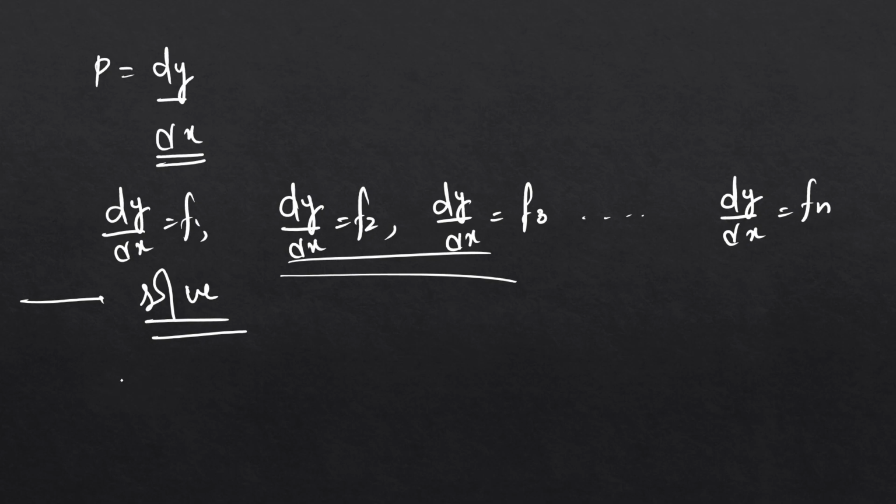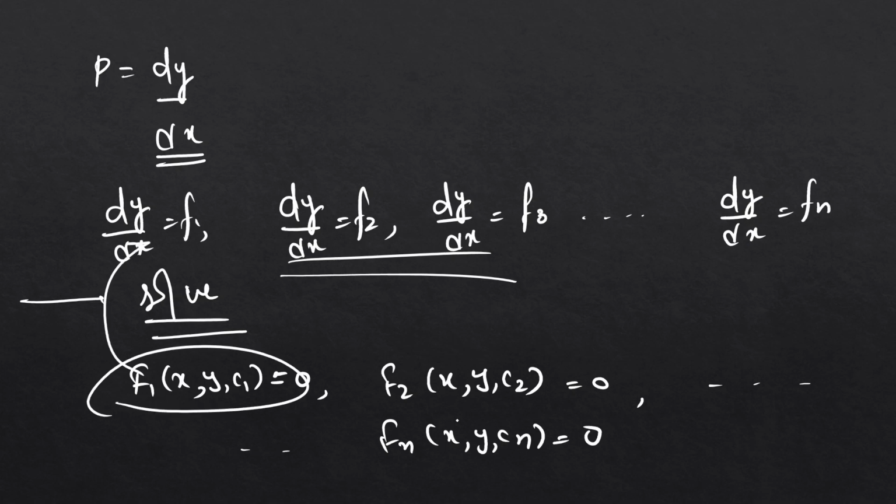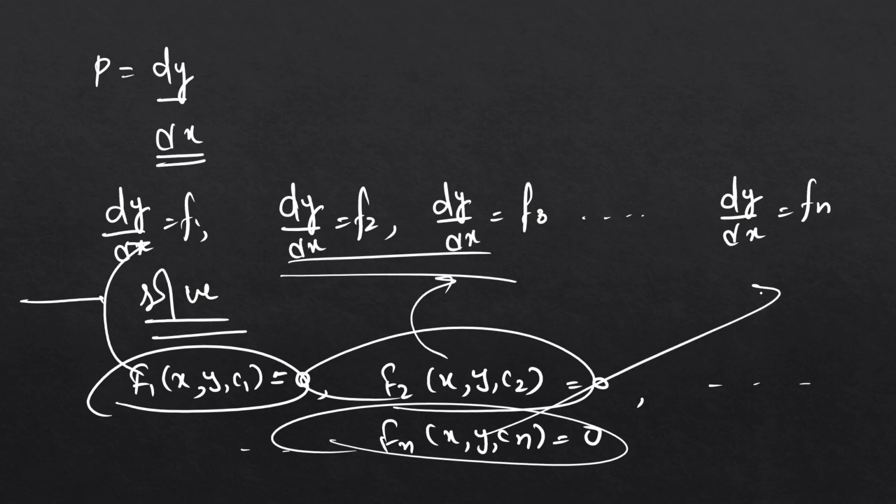Suppose that after solving these equations, we get the first solution f1(x, y, c1) equal to 0, then the second solution f2(x, y, c2) equal to 0, up to so on fn(x, y, cn) equal to 0. This is the solution corresponding to each equation, and at last the solution corresponding to the last equation.